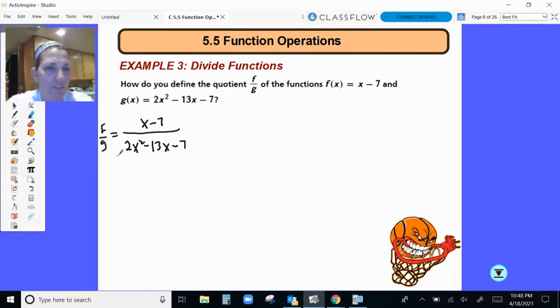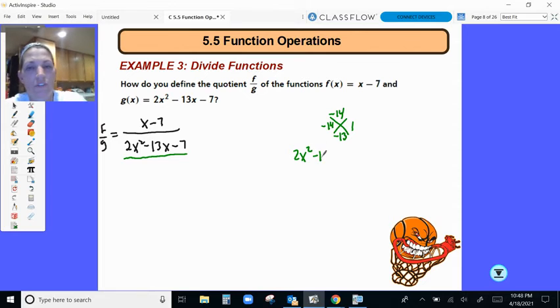Well, first we have to take this little function right here. Let's see if we can factor that. We have 2 times negative 7, so that's negative 14. So factors of negative 14 that add up to negative 13 would be negative 14 and 1, right? So we're going to go 2x squared minus 14x plus 1x minus 7.